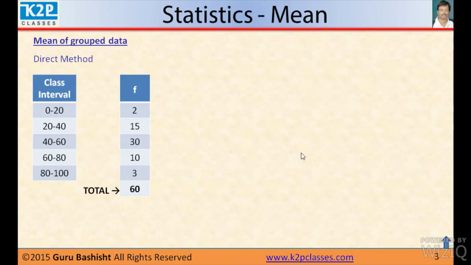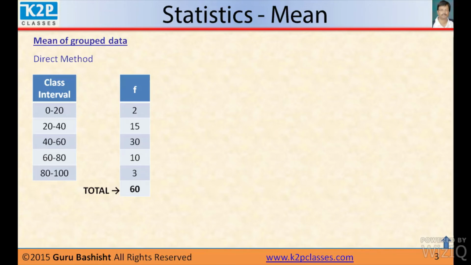Now, mean of group data. So what is group data? Suppose in a class there are 100 students, we can always write down the marks of all the hundred people and then find the mean.